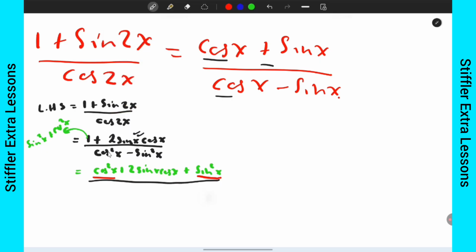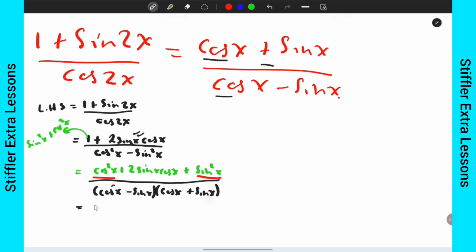We can see that we can factorize this. This is a difference between two squares. So this just becomes cos x minus sine x, and then cos x plus sine x. And this one, we can see that this was given by cos x plus sine x squared to give us this.